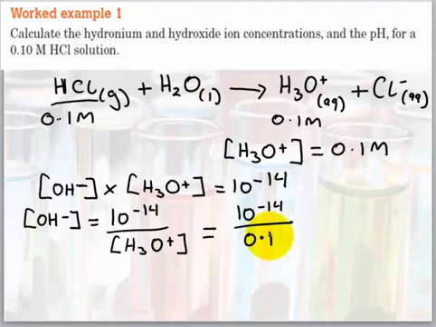And when we work that out, we get an answer of 10 to the negative 13.